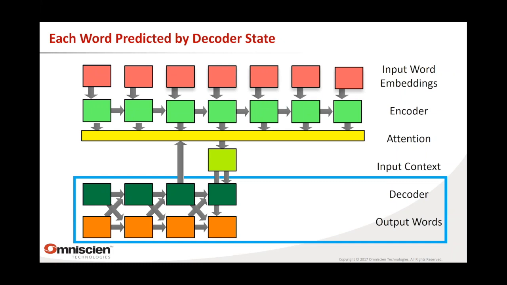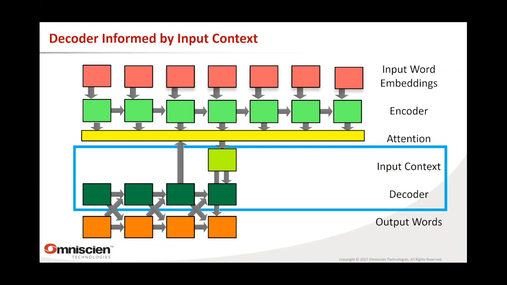So decoder layer here is to be understood as an encoder-decoder metaphor, that the information that comes from the input is encoded and then in the decoder gets decoded. So the decoder progresses through the sentence, and each time step it produces an output word. And the decoder is informed by previous decoder steps, by the input context, and by the previously produced output words.